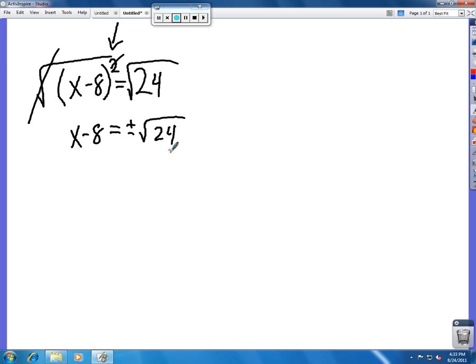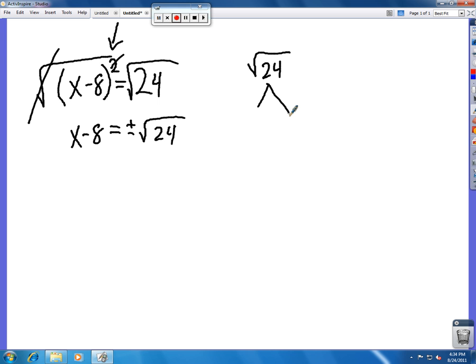The tricky part here, or the critical thinking, should kick in and say the square root of 24 should trigger something in your mind that you can break that down. And if you don't remember how, here's a quick reminder. Figure out two numbers that multiply together to make 24 that you could potentially reduce.